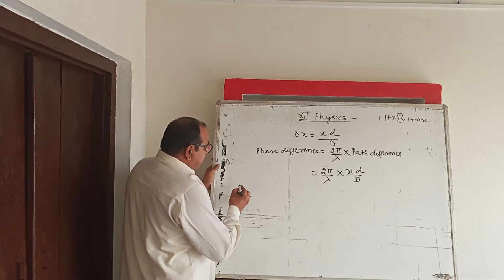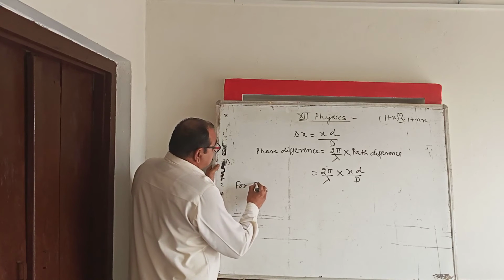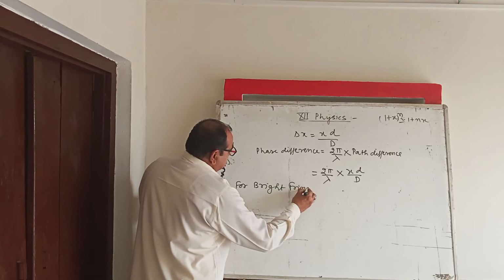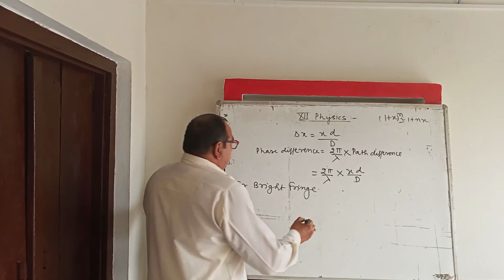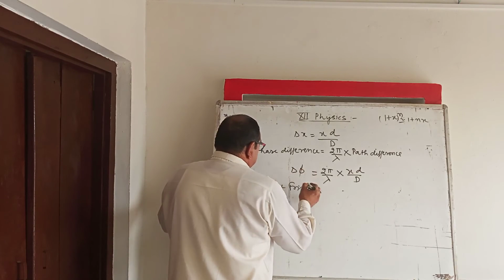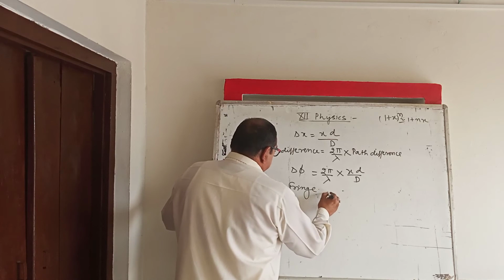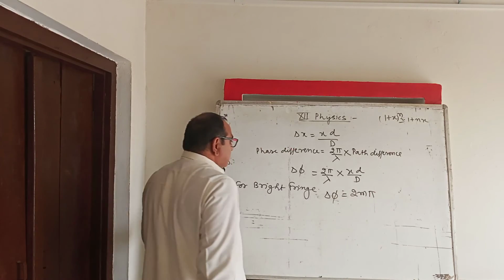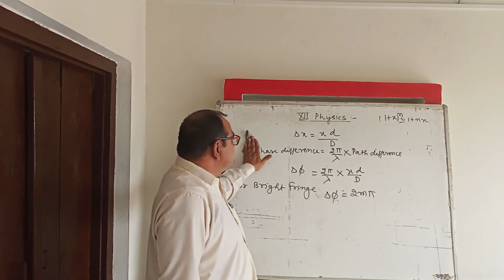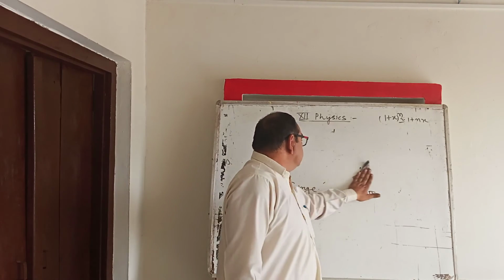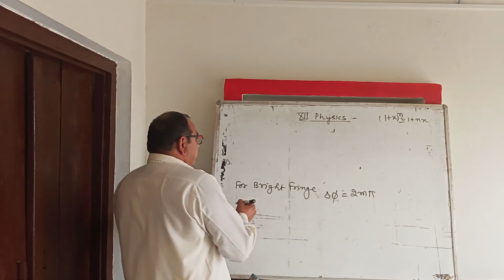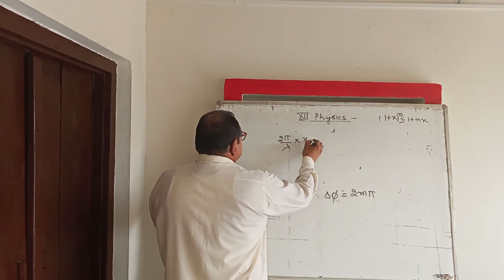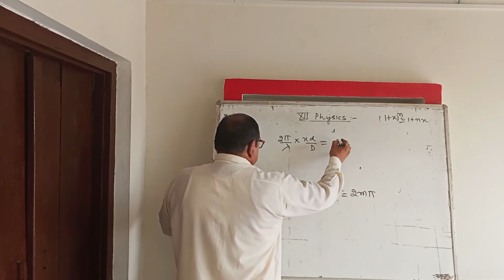Now for bright fringe, phase difference delta phi should be equal to 2m pi. Now put the value of phase difference, that was 2 pi by lambda into x d upon capital D equal to 2m pi.